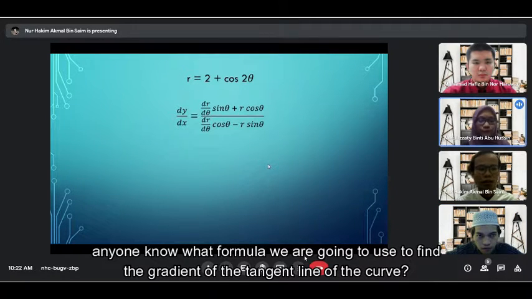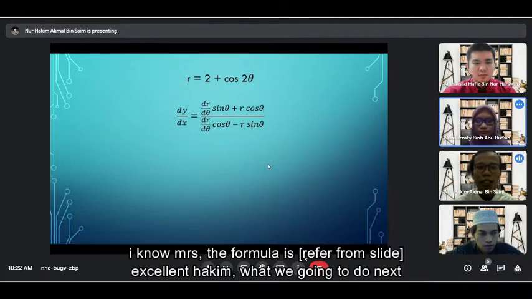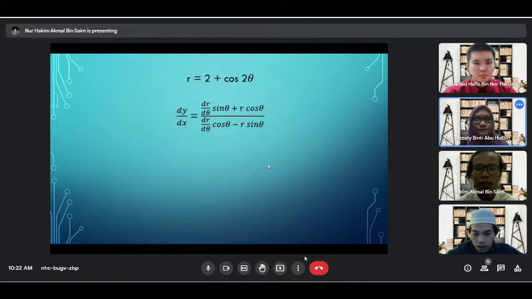Anyone knows what formula we're going to use to find the gradient of the tangent line of the curve? I know, miss. The formula is dy over dx equal to dr over d theta sin theta plus r cos theta, divided by dr over d theta cos theta minus r sin theta. Excellent, Hakim. What are you going to do next?